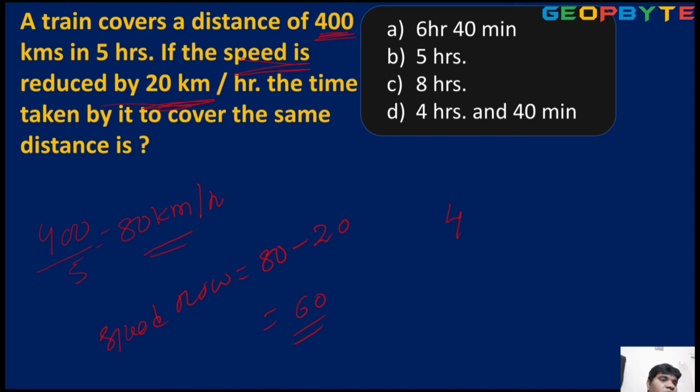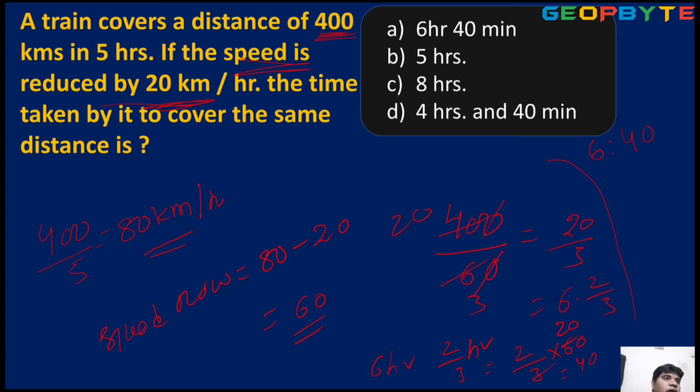For the same distance, 400 by 60, zeros cancel, 20 by 3, so 6 and 2 by 3 hours. Now convert 2 by 3 into minutes: 1 hour is 60 minutes, 3 twenties, so 40. The final answer is 6 hours 40 minutes, option A.